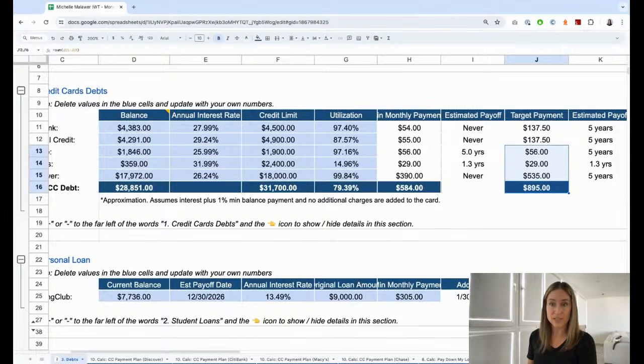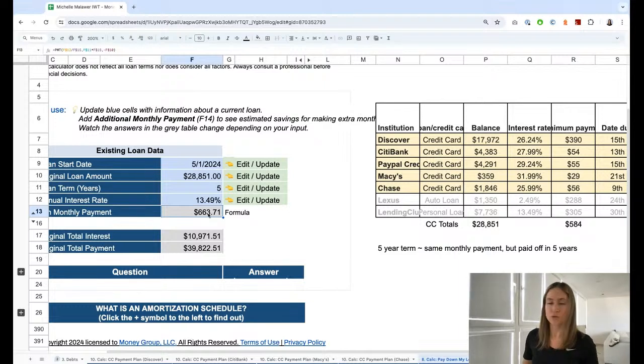But the good news is, whether you get a personal loan or not, you can be out of credit card debt in 5 years. Just one has a $900 monthly payment and the other has a $680, I think, monthly payment, $660. Any questions there?